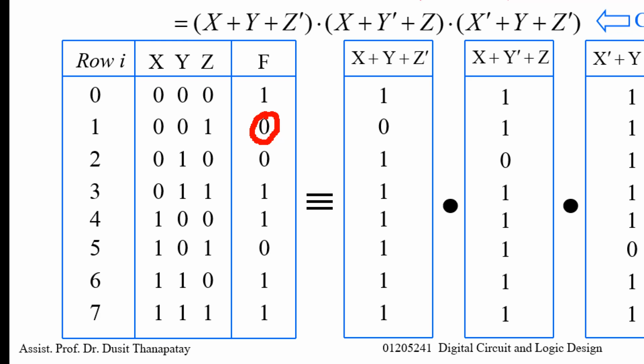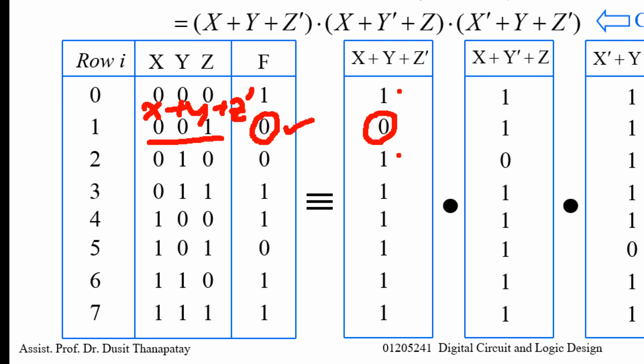What kind of term makes the function 0 in only one case, when the input value is 0, 0, 1? It's x or y or z prime, right? Of this 0 or 0 or 0. But this is 1, so you must invert this z variable. So this term will be 0 in only one case.